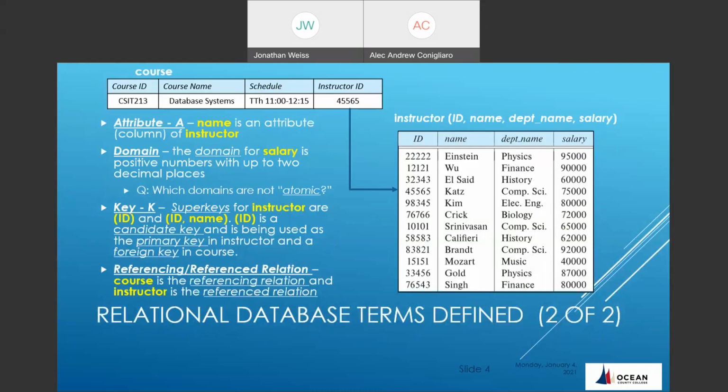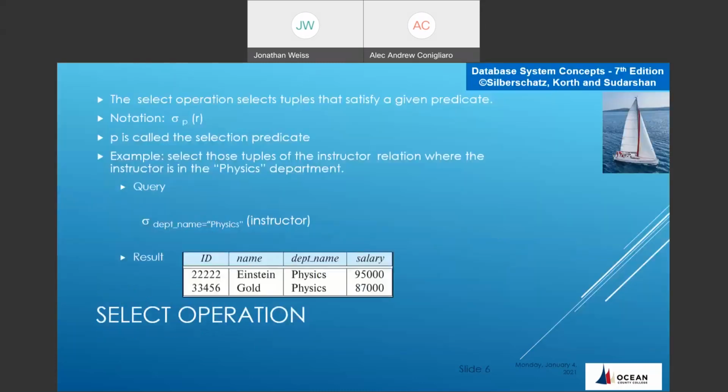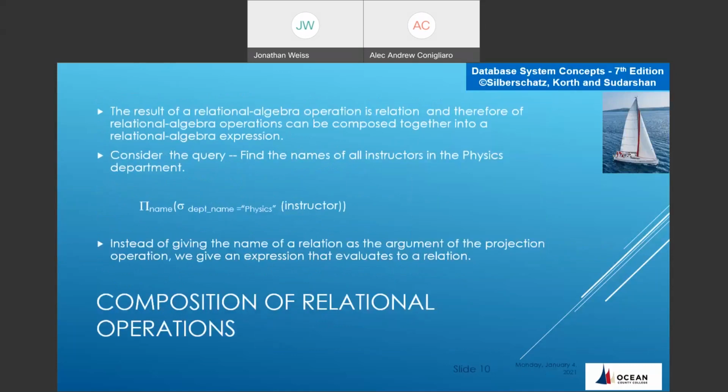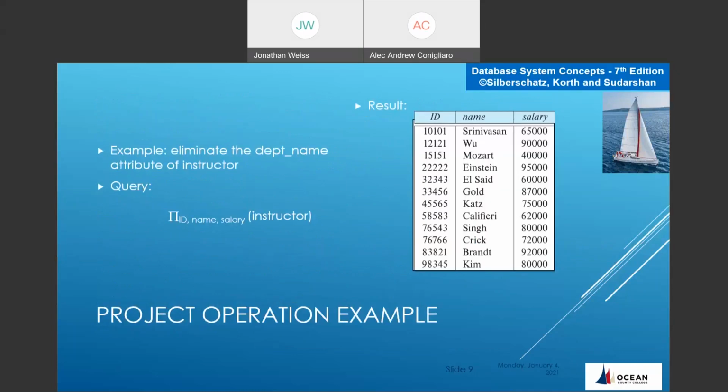So we list the attributes that we want, and we just get those attributes, and we don't get any other attributes other than the ones we list. Okay, so that's all well and good, but how do we do useful things with this?